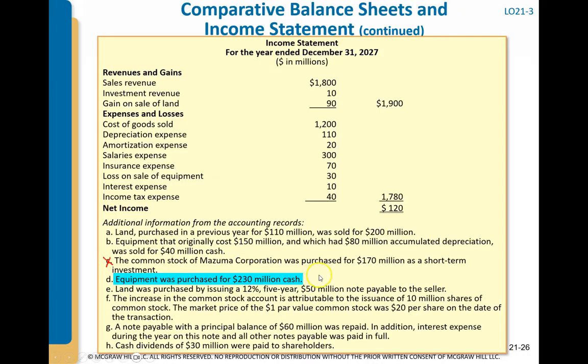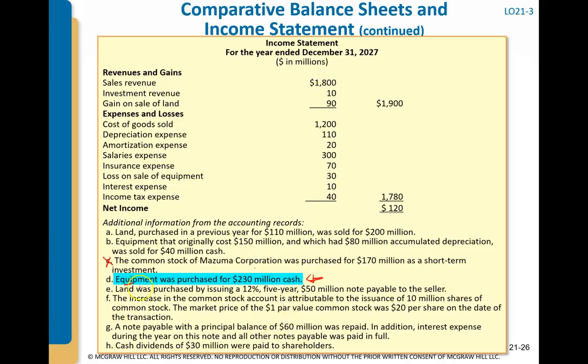Okay, next we dealt with item C, and now we're going to deal with item D. Equipment was purchased for $230 million cash. Now, I didn't read this A through H, but I'm just looking at the ones that would impact the investing activity section. And besides the short-term investment, it's anything that impacts a long-term asset.